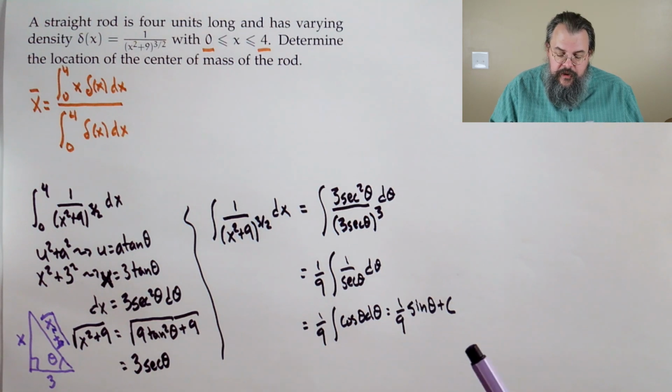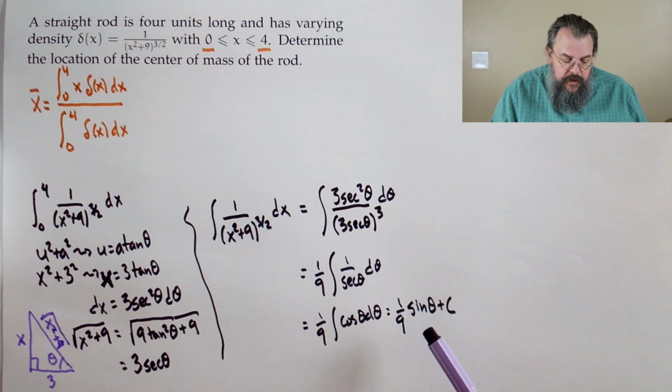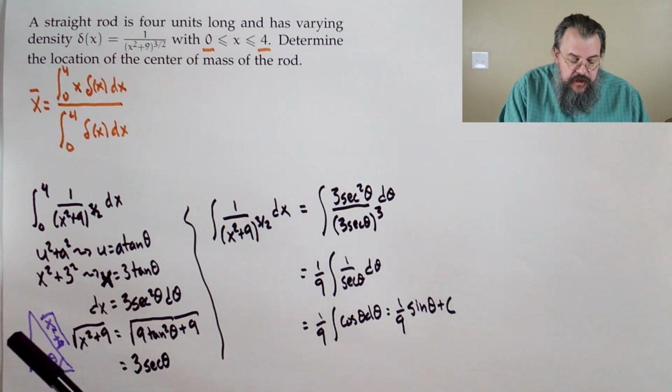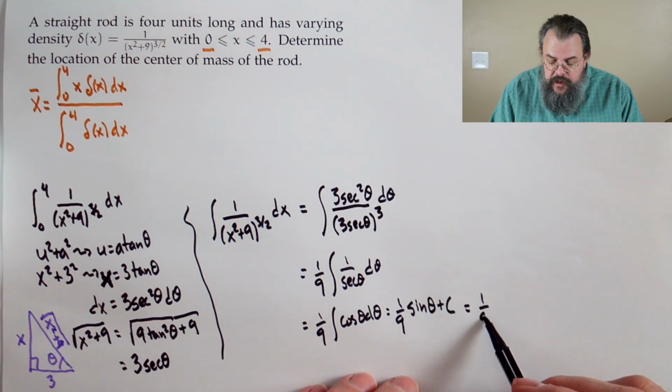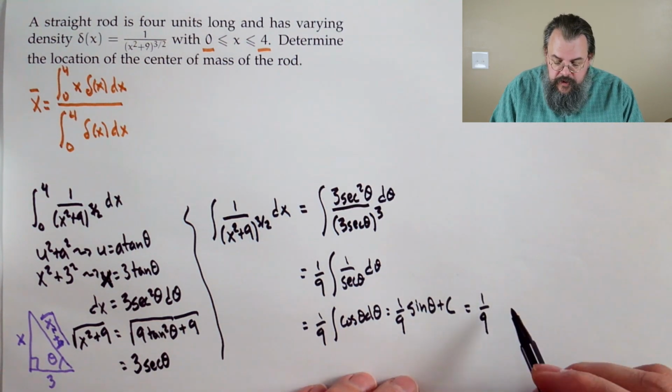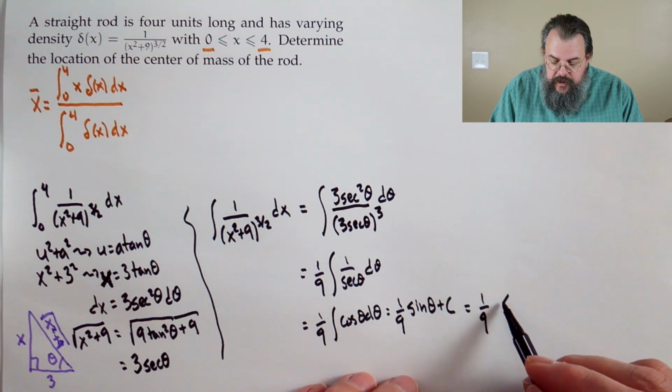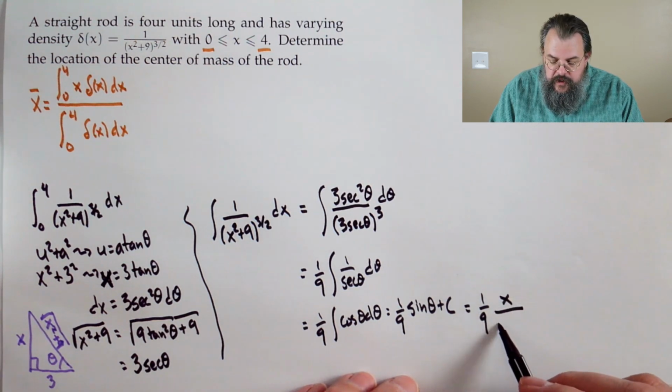So what is sine? Sine of theta will be equal to the opposite over the hypotenuse. So we end up with 1/9 times x over the square root of x squared plus 9.